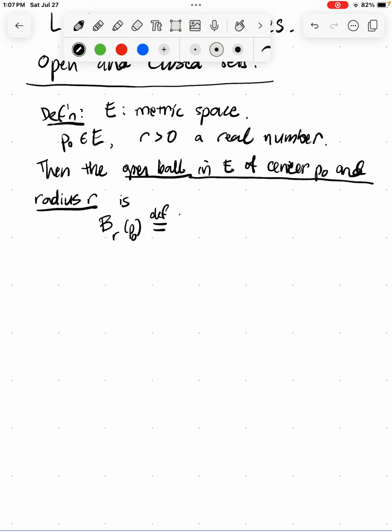B(P0, R), and this is defined to be all elements P in E such that the distance between P naught and P is less than R.